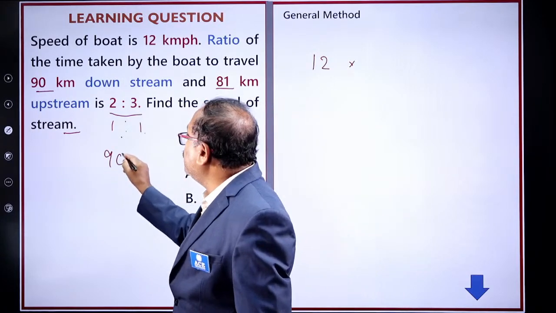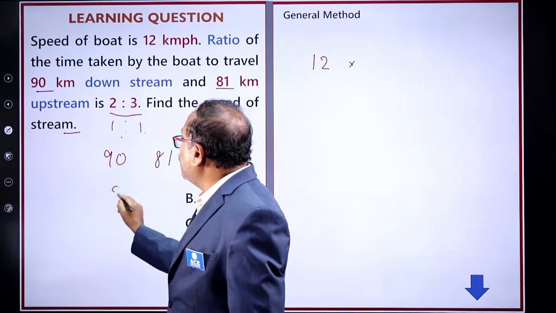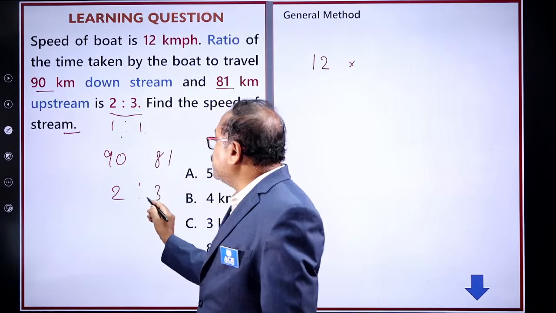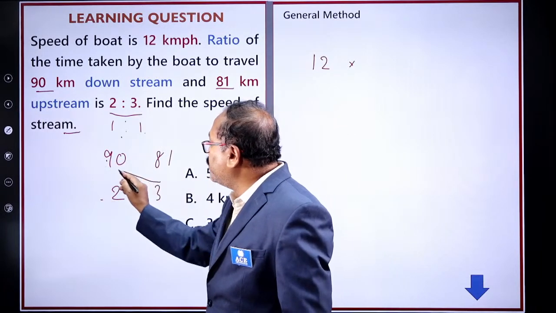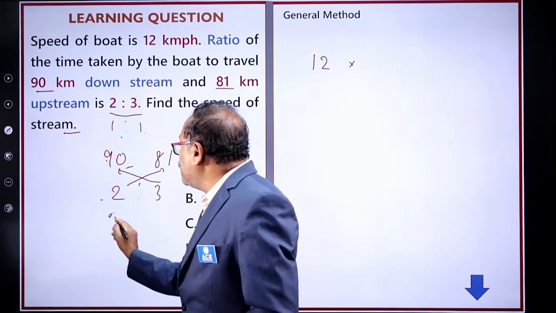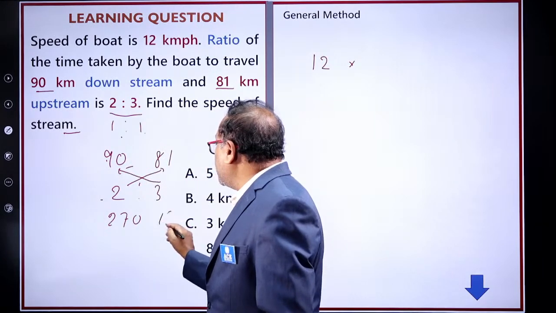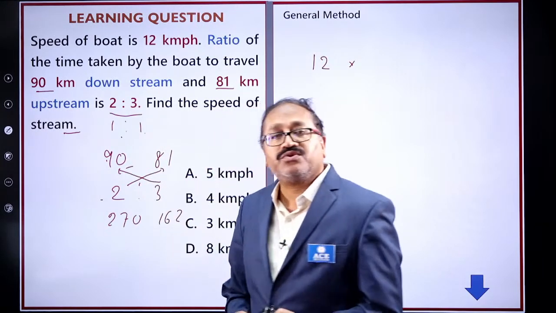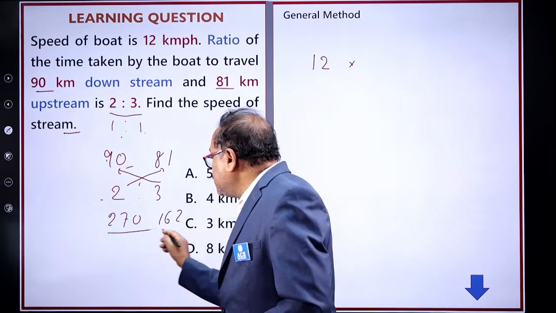Here 90 km is traveled, and here 81 km is traveled, and the time ratio is 2:3. This is distance and this is time ratio. So, go for cross multiplication over here. You are getting 270 over here, and you are getting 162 here. Now, I need to take the difference of these two.